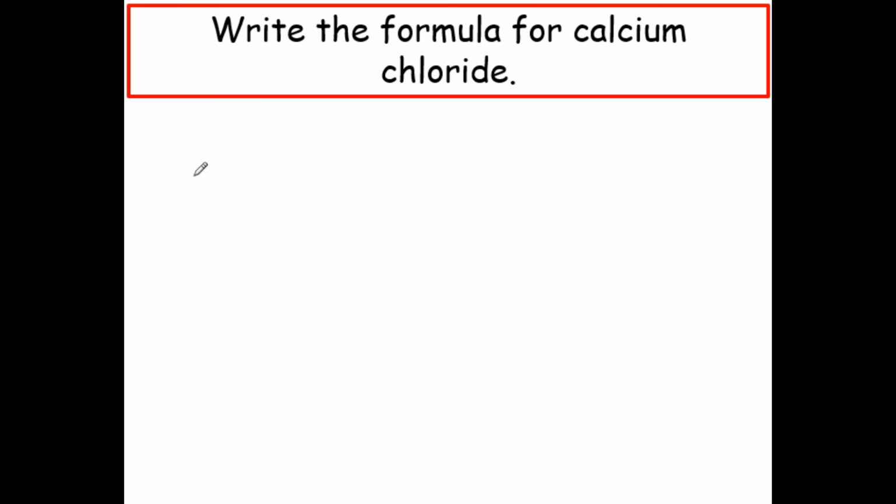So when it comes to writing the formula for calcium chloride, the first thing we need to do is identify what group calcium and chlorine are in. You can look at the periodic table and we're going to find that calcium is in group 2, and we'll find that chlorine is in group 7.